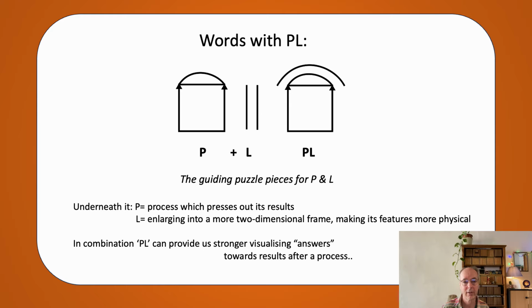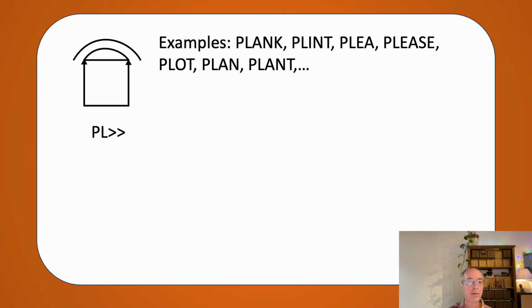And if we need an extra dimension to show it even better, it will be helpful. And that's all in the letters, and that is also what I will show you in my examples. The examples will be plank, plint, plea, please, plot, plan, plant.